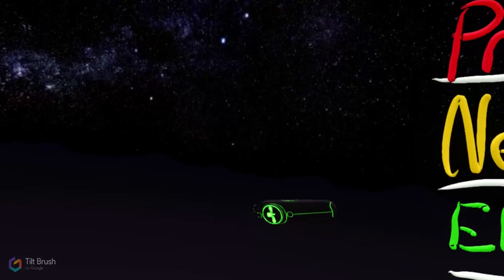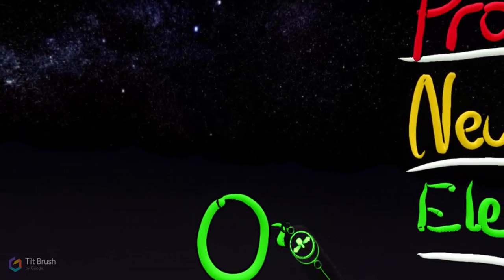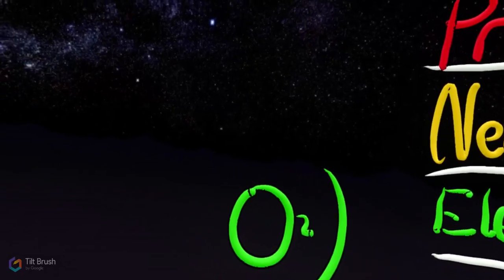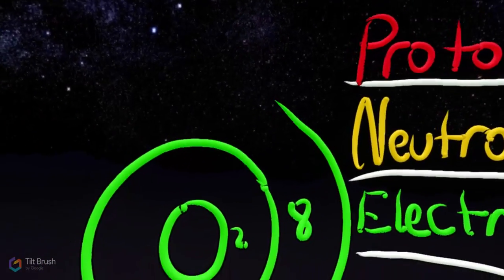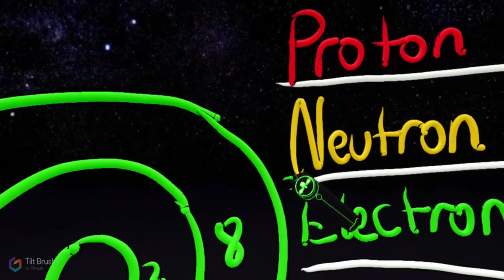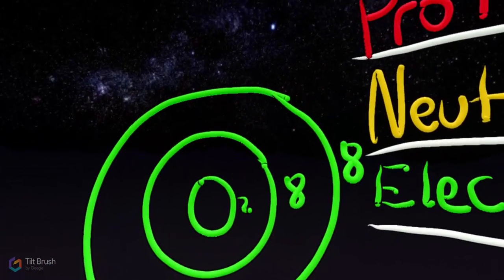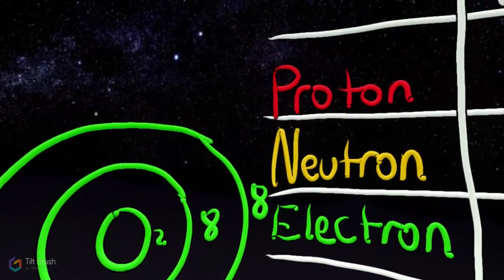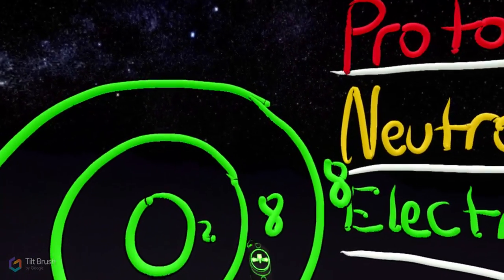The inner shell, the first shell holds 2. The next shell holds 8, and the next shell holds 8. There are other shells, but since this is just a basic biology class, we are not going to worry with the shells that go further out than this. You're just going to have to worry about the inner 3 shells.